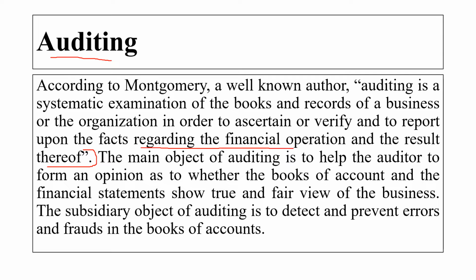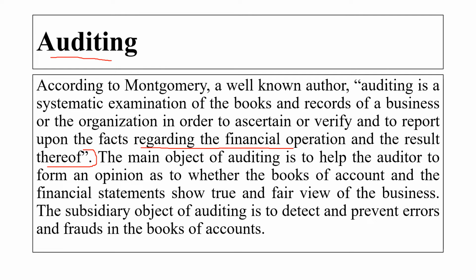The auditor will do the audit. The person whom the business or the organization appoints is called the auditor, and he will do the audit. Auditing is nothing but the systematic examination of the books and the records of the business. Whatever the business or the organization has done, the auditor will verify that.